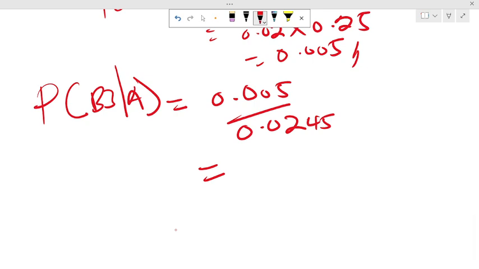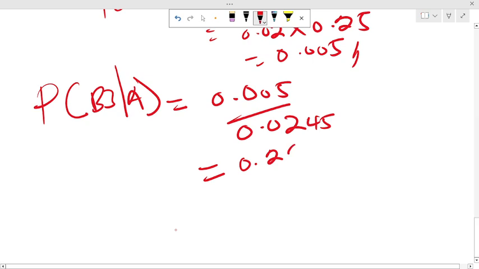So our final answer is equal to 0.204. So I've solved it for you guys.